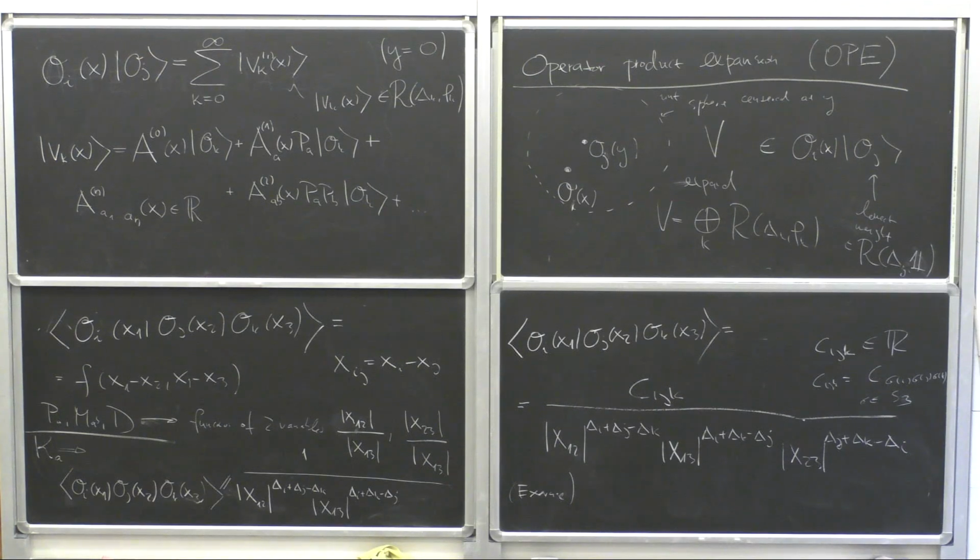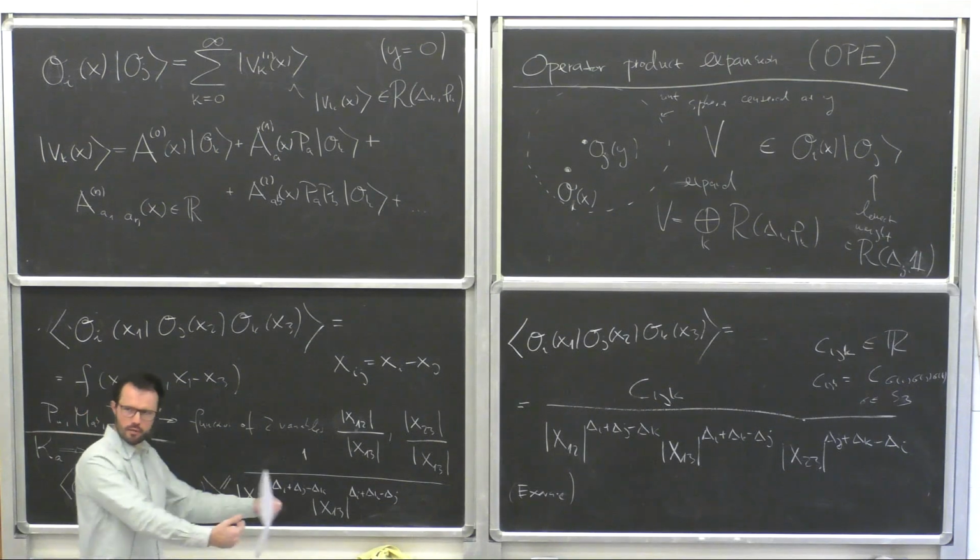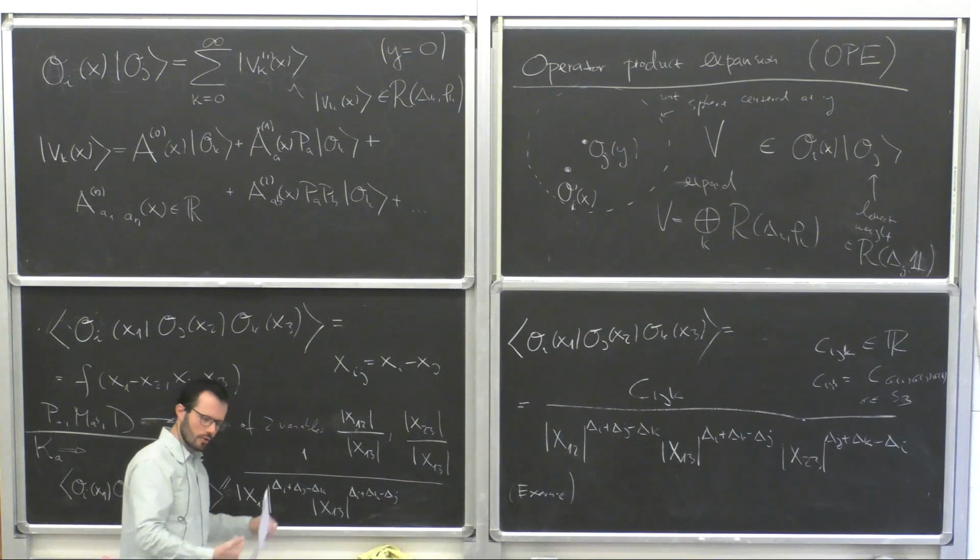The primary that depends on X is a translation. So we use a translation generator to act on the primary at the origin.